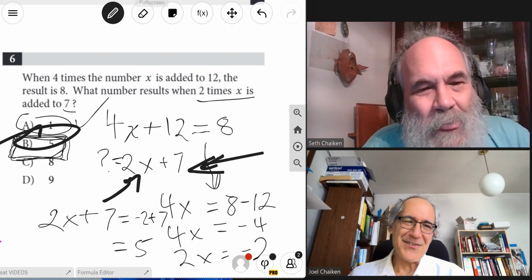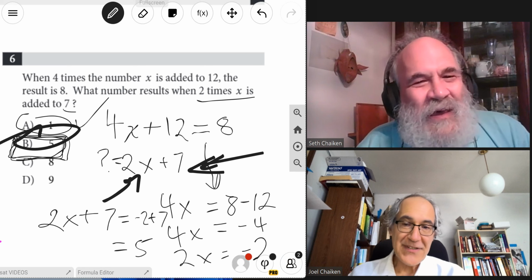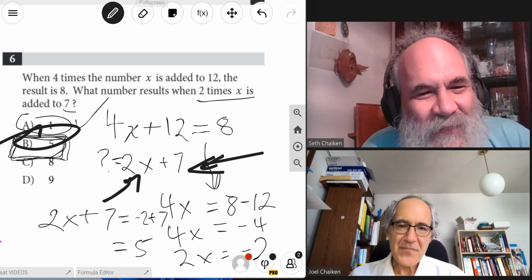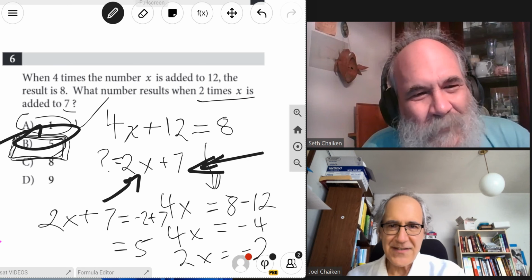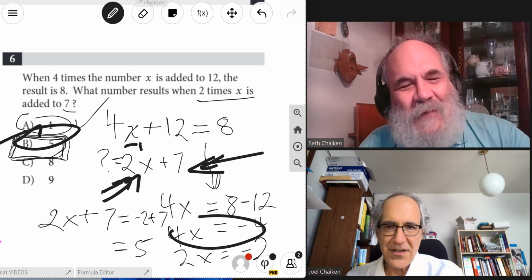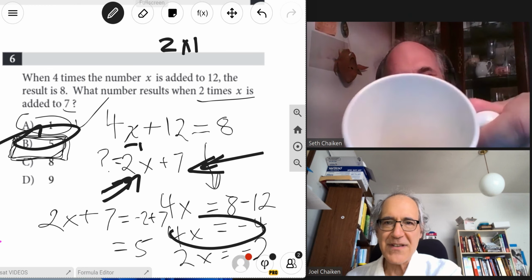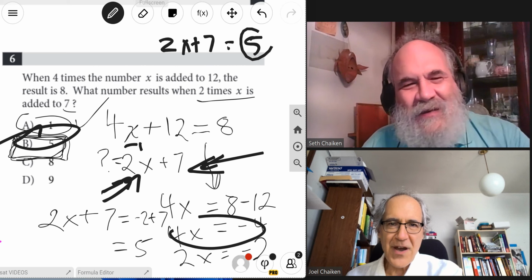Okay, so you see that obviously Seth did it well. Some people would be tempted just to solve for x. Some people wouldn't realize the pattern, the coincidence that they're asking for 2x. Some people would just say x is -1, and then put -1 in here. Then they would say, what is 2x plus 7? x is -1, and this is equal to 1.